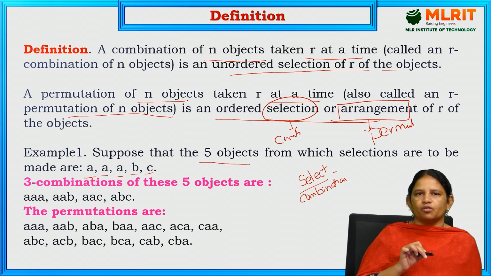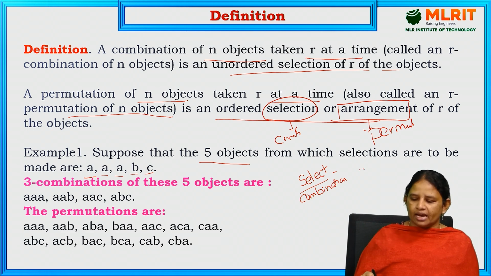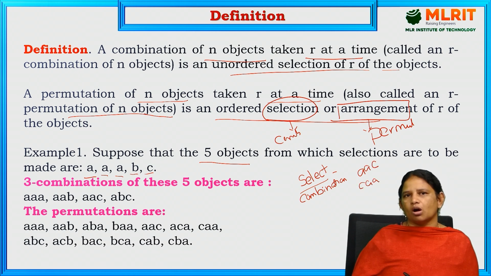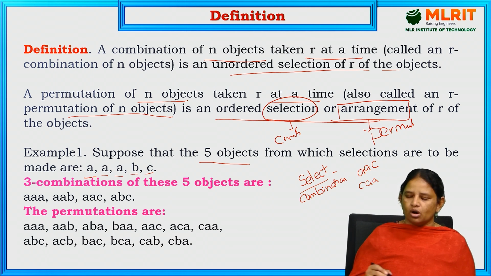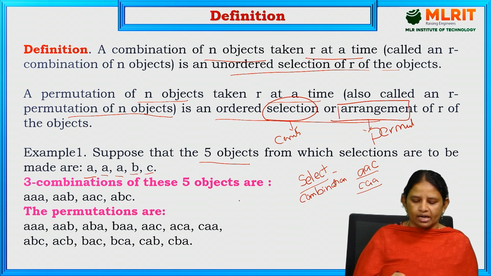In the case of combinations, it is an unordered selection of the objects. If a letter is repeated, don't write the same thing again and again, because they are the same. So, no need to write again and again. Order is not a matter.